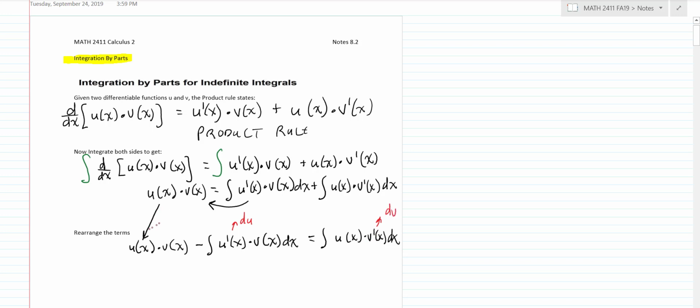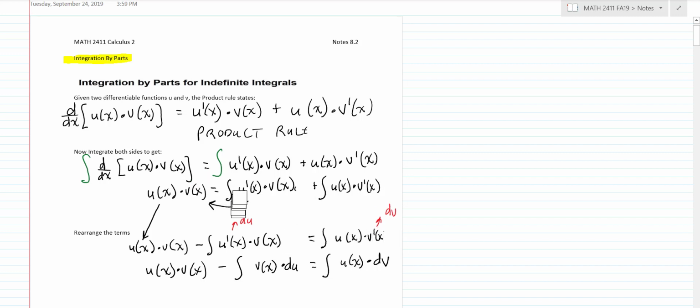So we could write this as u of x times v of x minus, and I'll write this as v of x times du, and then I'll write this as u of x times dv. I'm really just rearranging that. I probably shouldn't have even put that dx on there. That's kind of confusing and really unnecessary because I've got the derivative in there. That's really du and that's really dv.